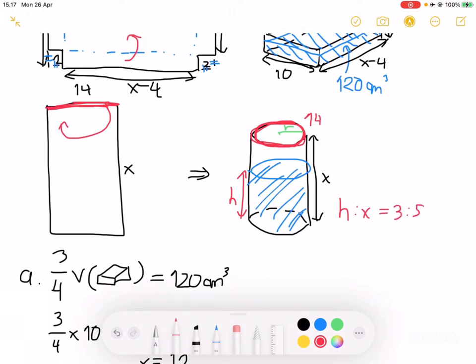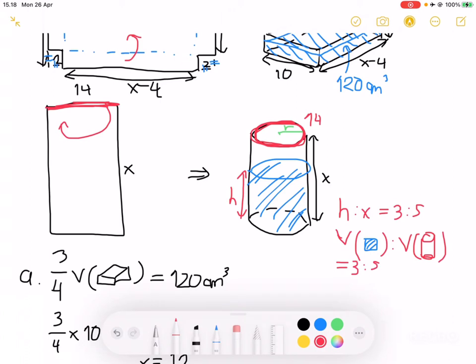With this information, we can conclude that the ratio of the volume of the water to the volume of the whole cylinder is exactly 3 to 5. Now how do you do this?